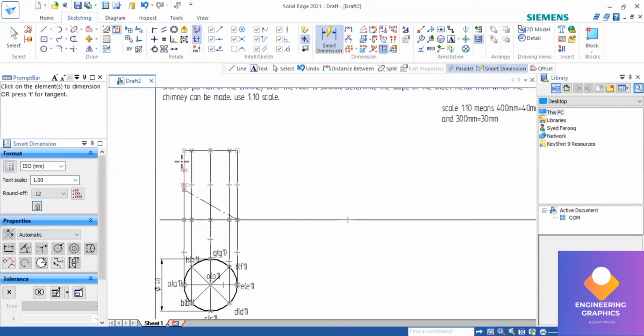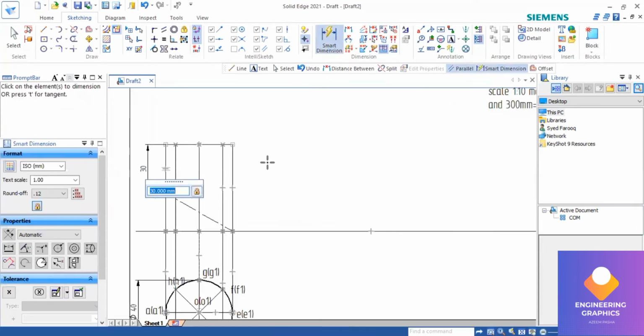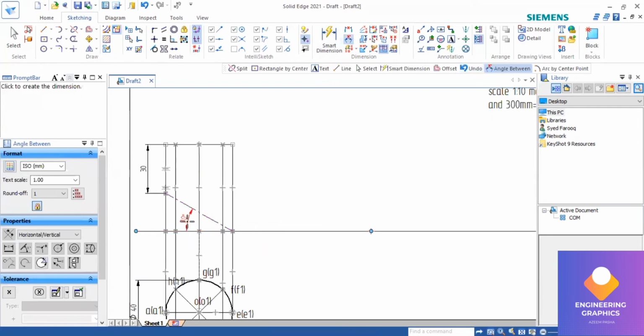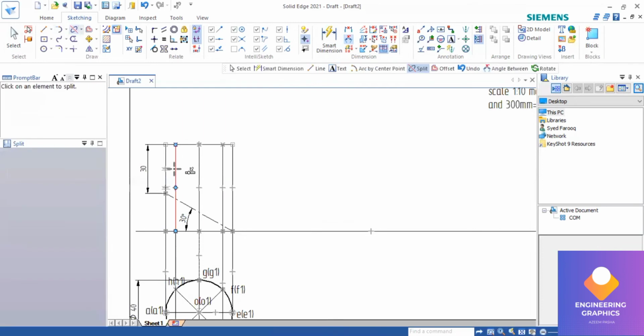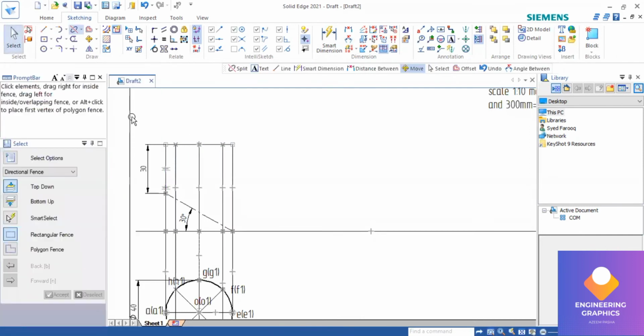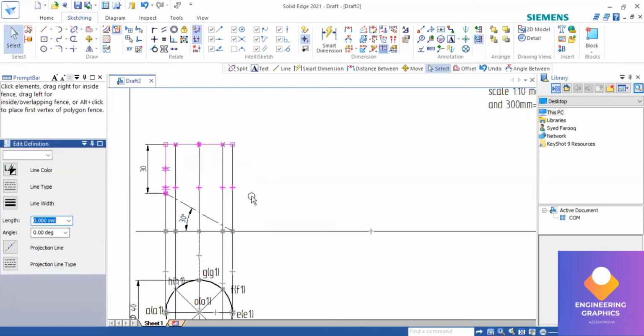So you can show the dimensions here. Angle 30 degree, the length 30 mm for the shortest portion from the horizontal, okay. Now I am going to split that upper portion using the split command, so that I will be highlighting that upper portion. Okay, that's the remaining upper portion of the vertical chimney.